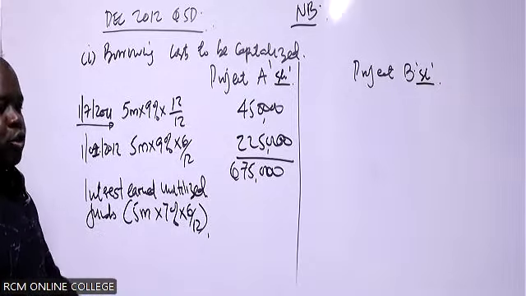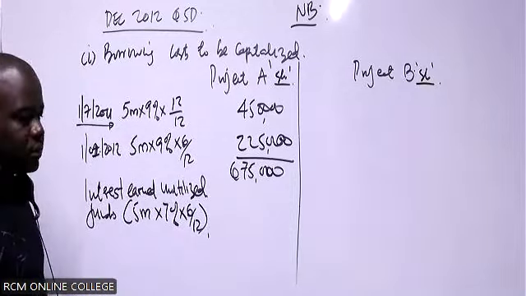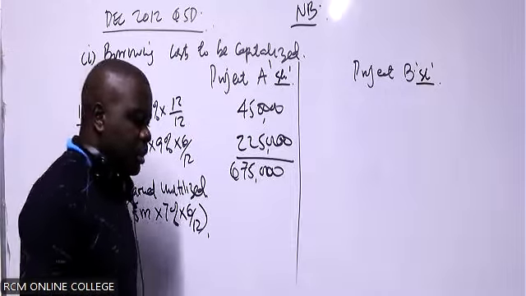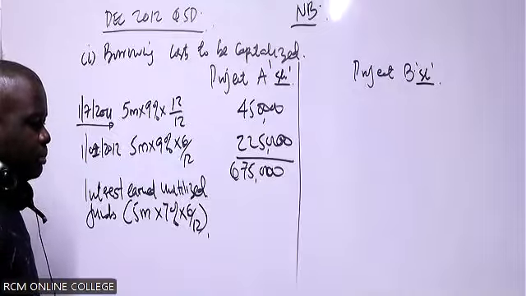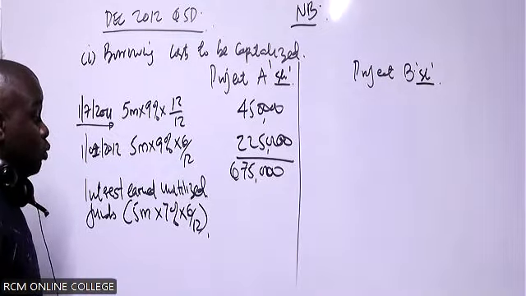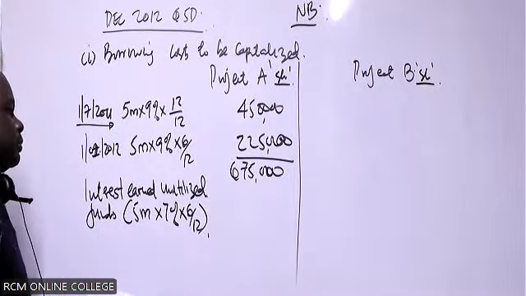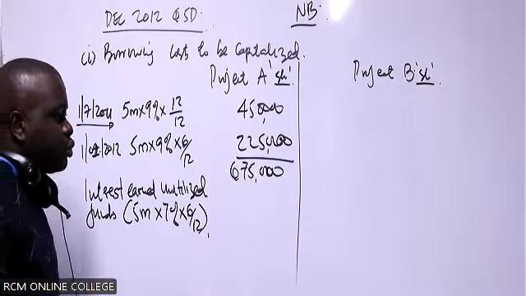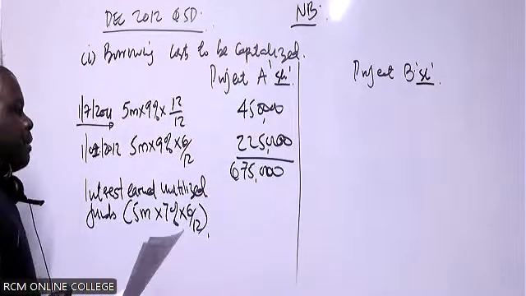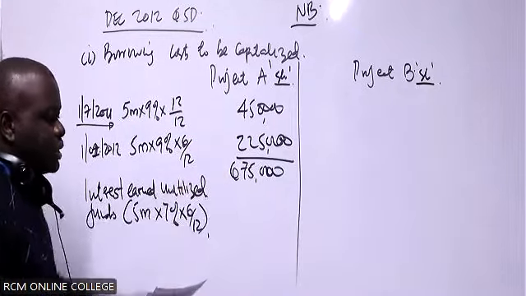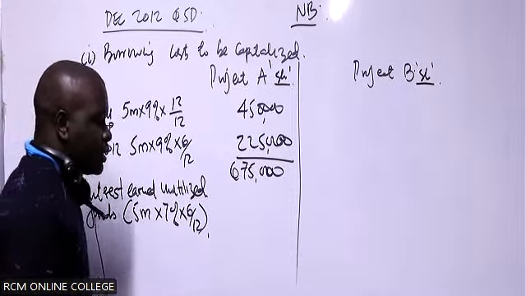They were still idle with it, then they put it in an investment, and it gave them interest. So if you get that money and you're not using it, you put it in another investment, it brings in some income. It will reduce your borrowing cost. It was actually 175,000.